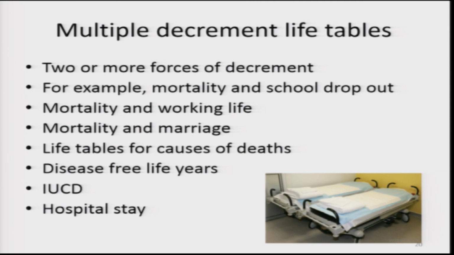We can prepare life tables or use logic like life table for calculating continuation and discontinuation of IUCD by months, and for hospital stay. Here hospital stay would mean for how many days a new patient is going to stay in the hospital, which can be calculated from discharge rates per day using the logic of life table.